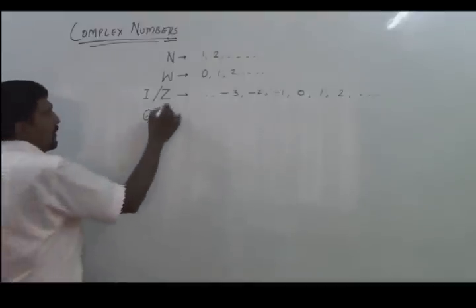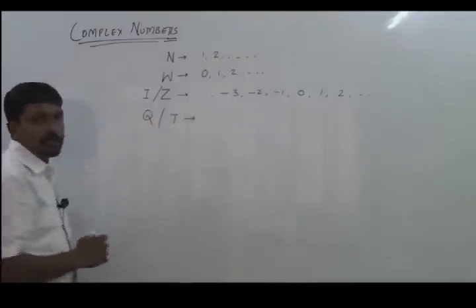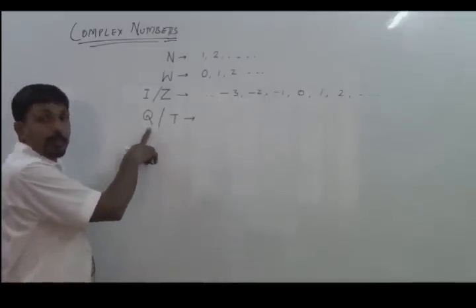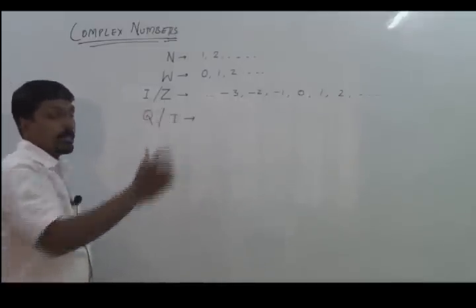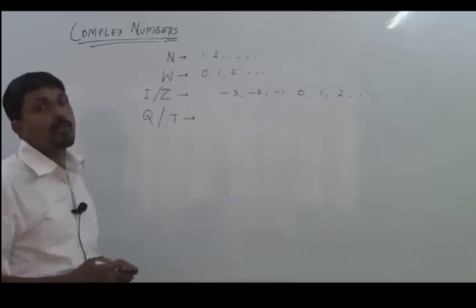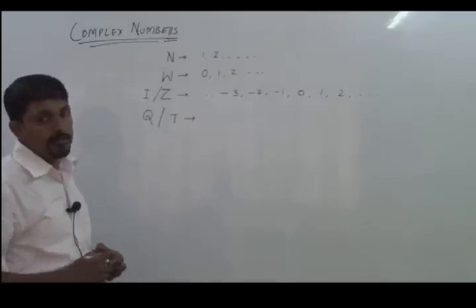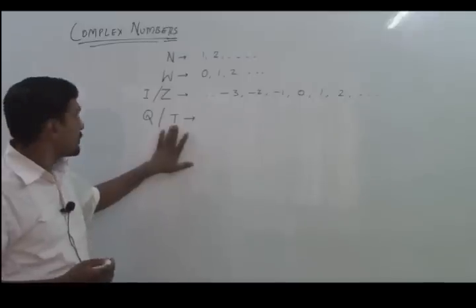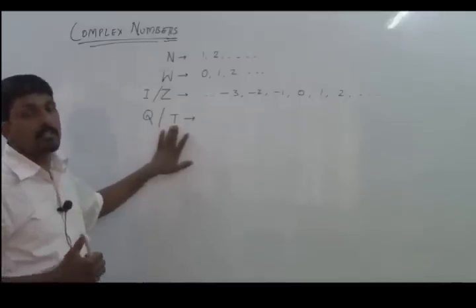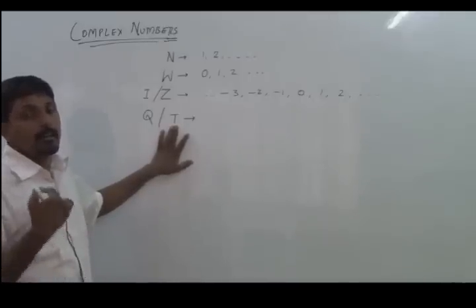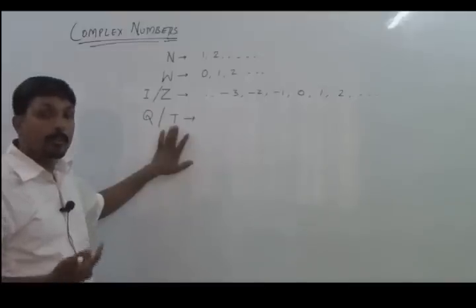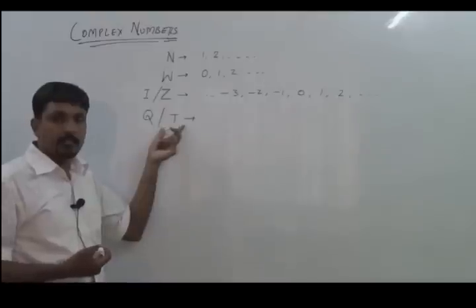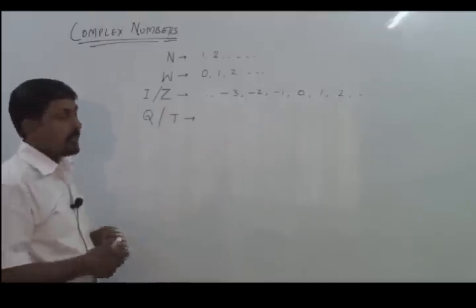Then we have rational numbers and irrational numbers. Rational numbers are in the form p by q, where p and q are both integers and q should not be zero. Whereas irrational numbers are non-repeating and non-terminating numbers.